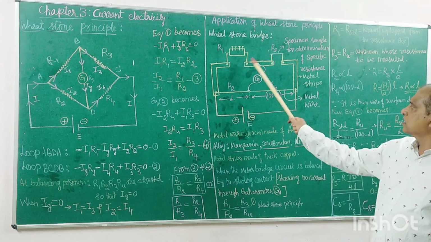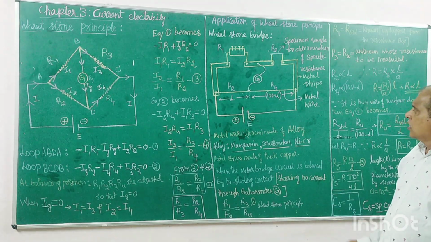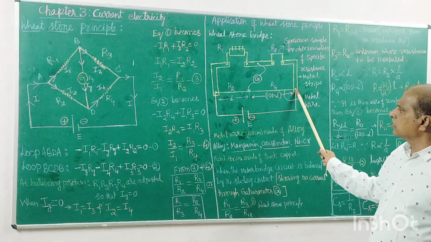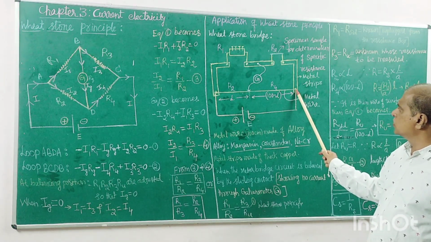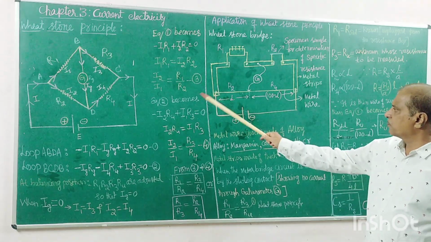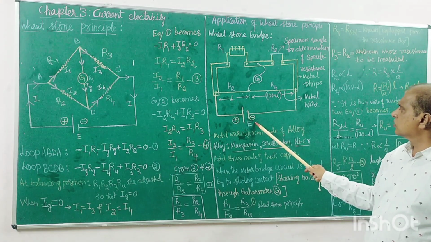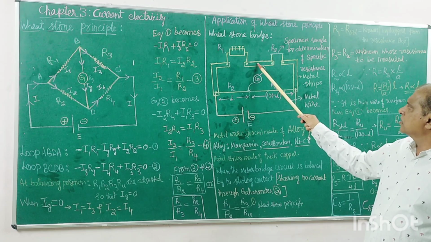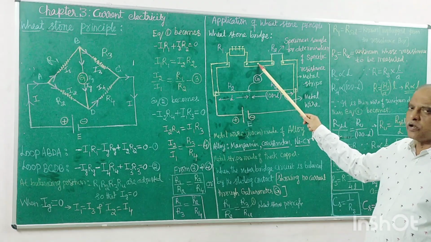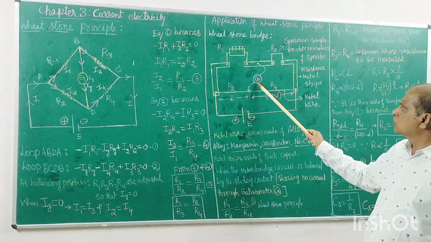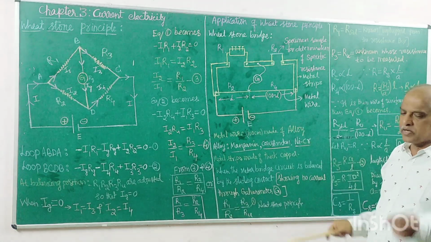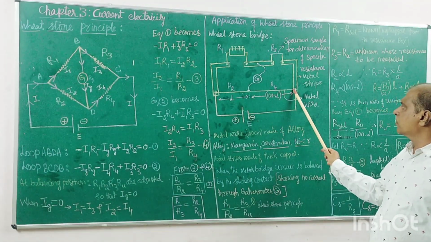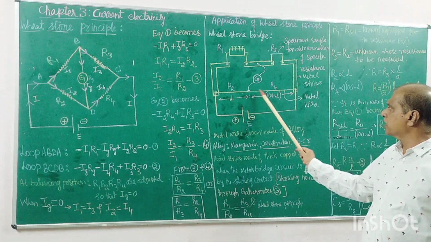So these are the construction details, and at these points the voltage source is connected like this. From the midpoint of the strip, a galvanometer is connected through a sliding contact, a metallic sliding contact which can slide all over the metallic wire like this.